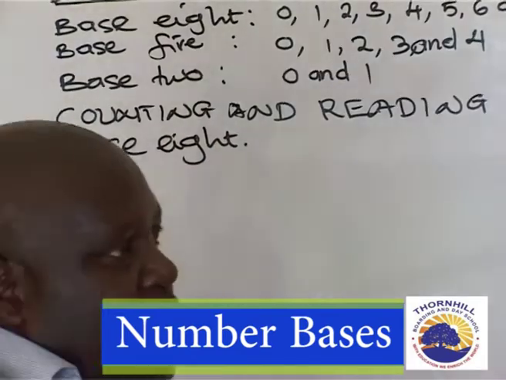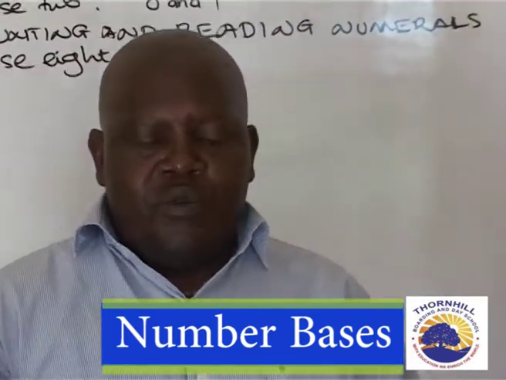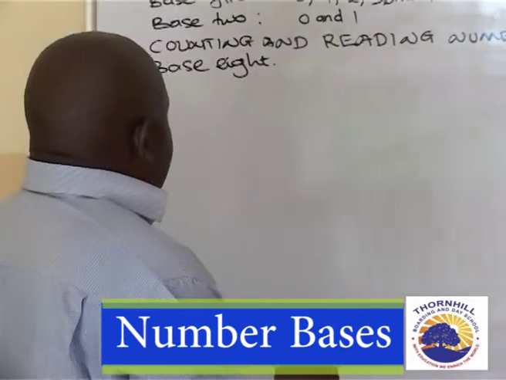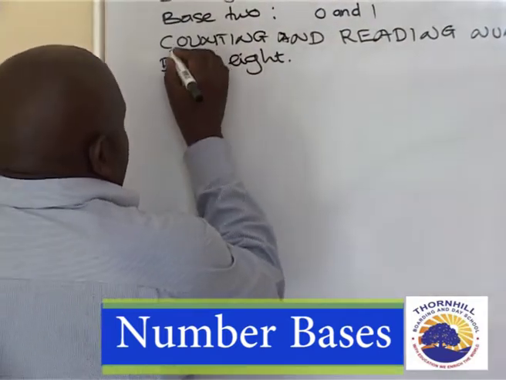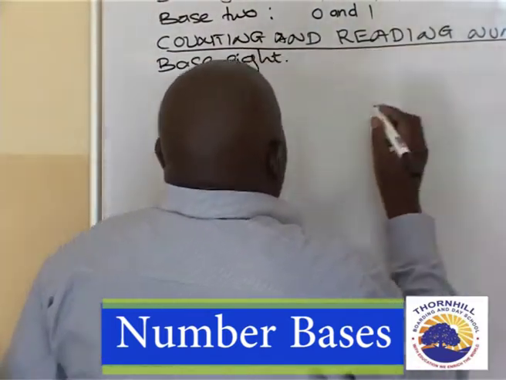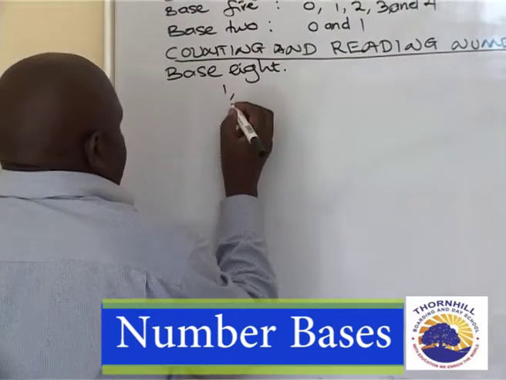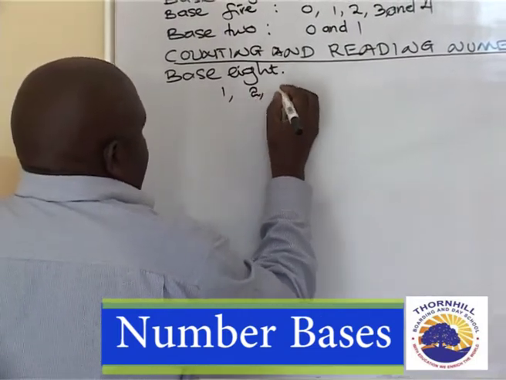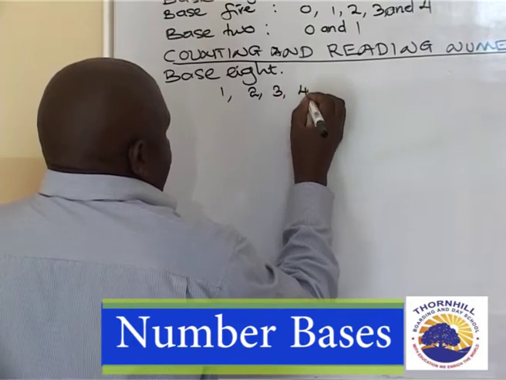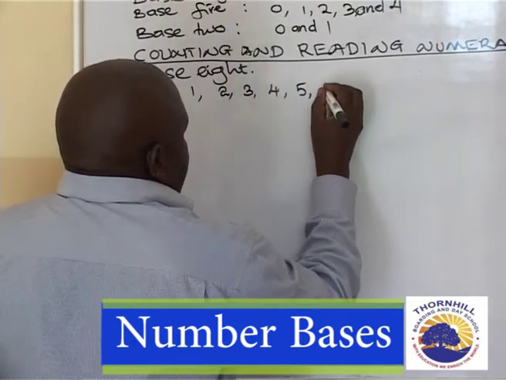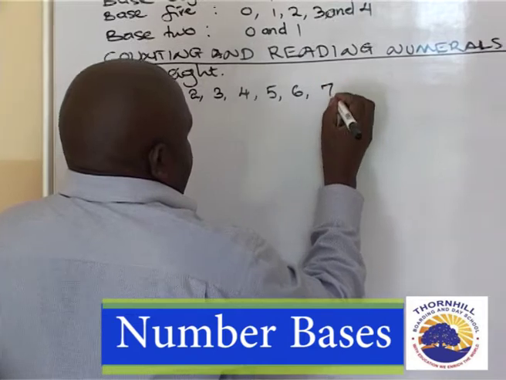When we are counting, we don't start from 0. We always start from 1. So let's see how we count. We have 1, then 2, 3, 4, 5, 6, 7.